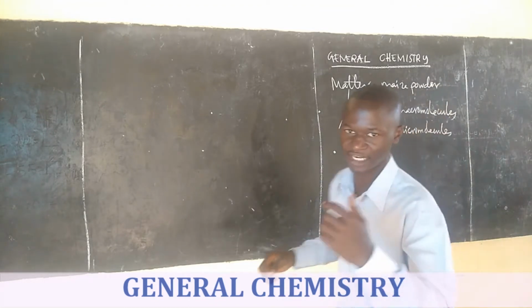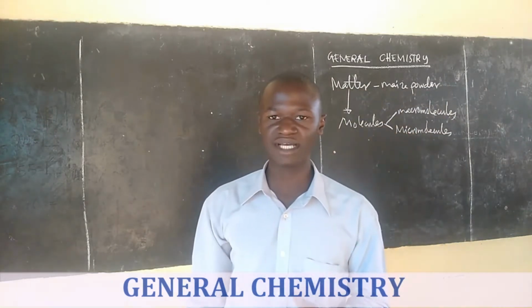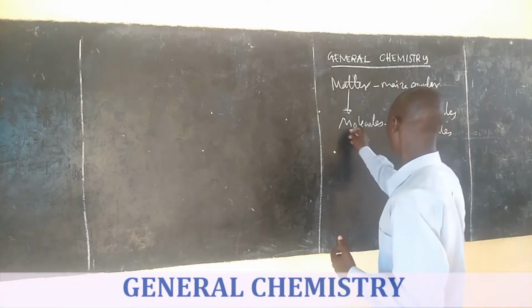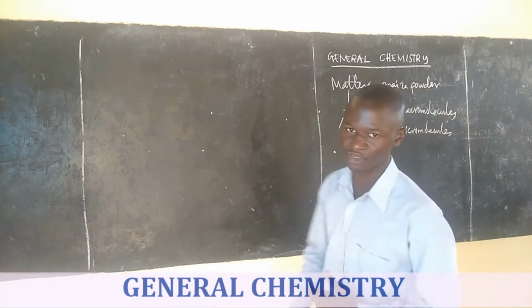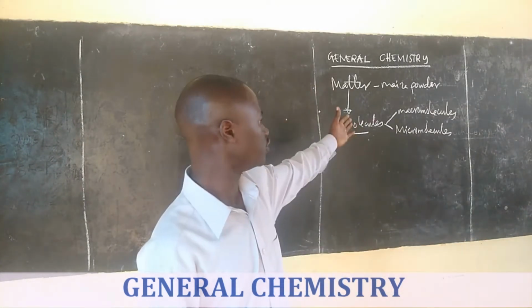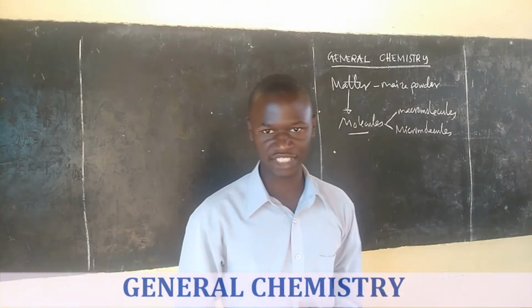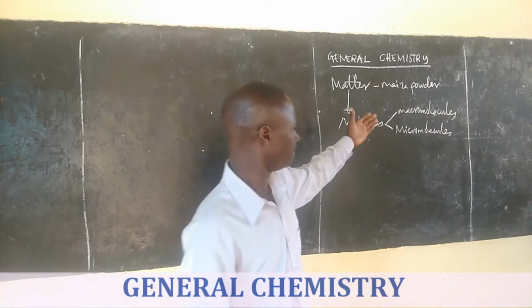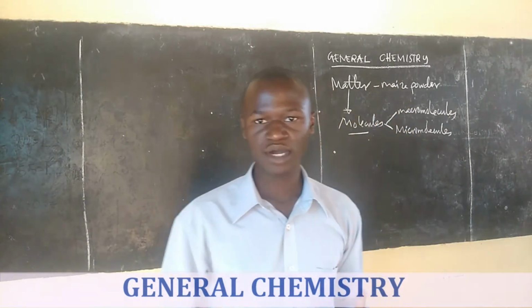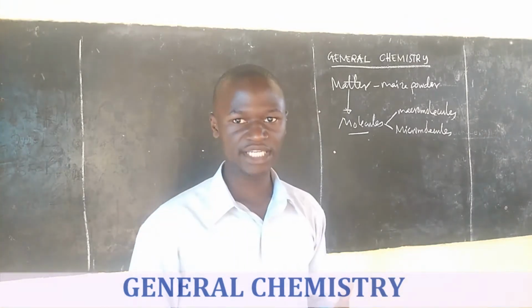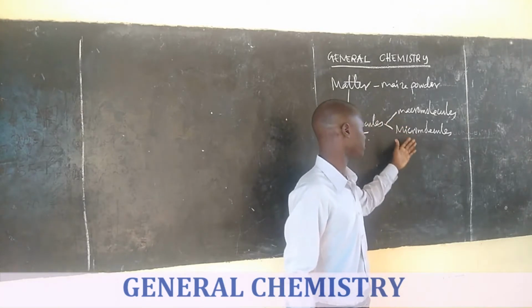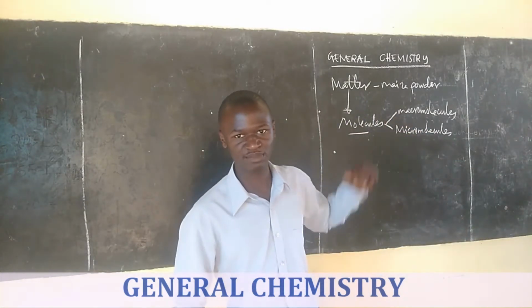It has mass and volume. And from this matter, which is maize powder, we will have molecules, some of them micro and some of them macro. Now, if you don't know, maize powder is starch. So being starch, it is made up of carbohydrates in nature. So what do we say about the macro and micro molecules in the maize powder?